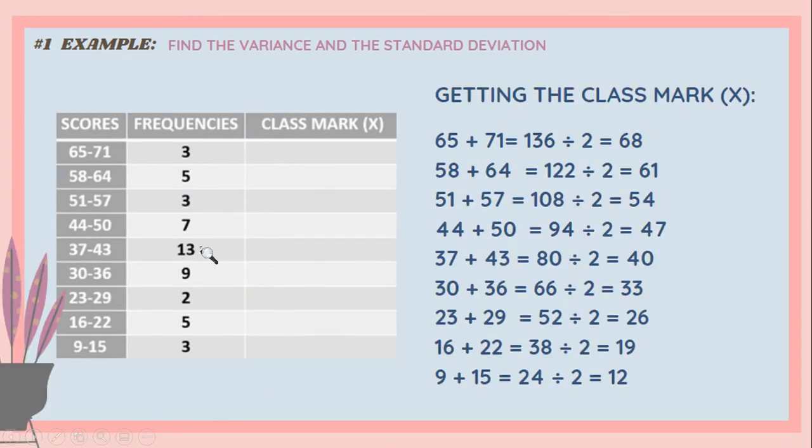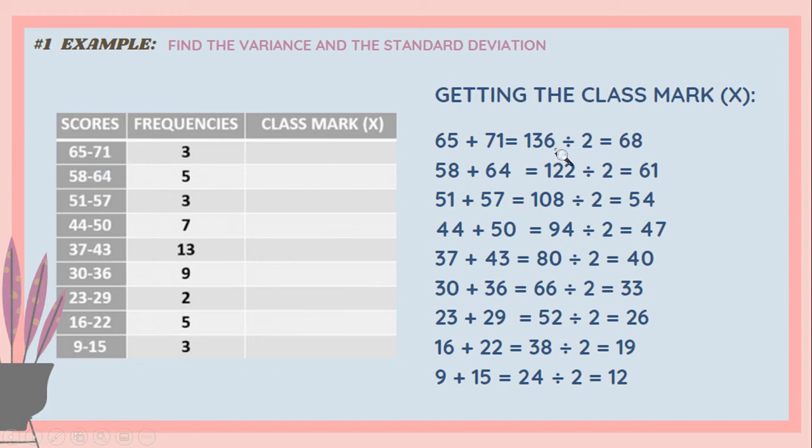So after finding the sum of frequency, next thing to do is find the class mark. In finding class mark, we need to add the lower class limit and the higher class limit, which is 65 and 71. So 65 plus 71 is equal to 136. And then after adding these two, we need to divide it by 2.